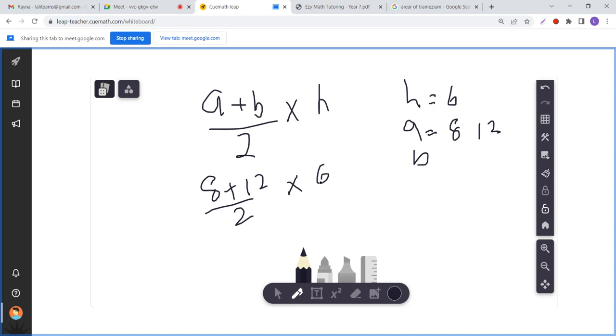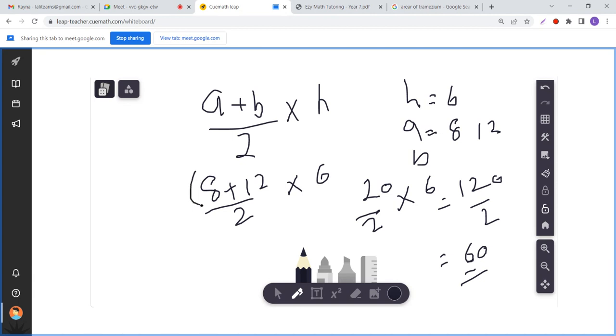We don't write 3 unless we divide it. 8 plus 12, 20 by 2 times 6. 6 times 20 is 120 by 2, which is equal to 60. That is a step. So they want you to evaluate the bracket first.